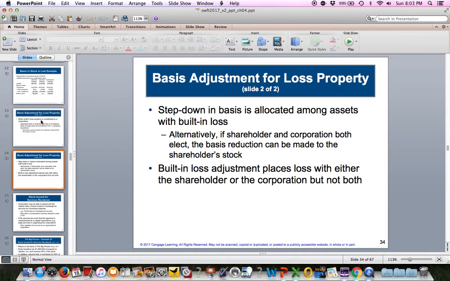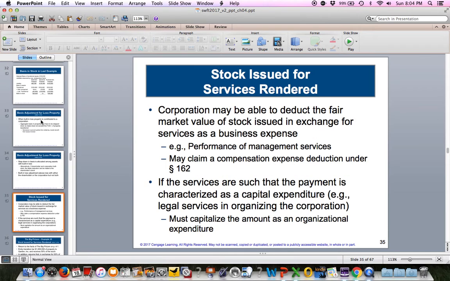That's part of what that is about. Step down in basis allocated among assets with built-in losses. Alternatively, if the shareholder and corporation both elect, the basis reduction can be made to the shareholder's stock. Built-in loss adjustment places the loss with either the shareholder or the corporation, but not both, because that would be a double benefit if you did that.